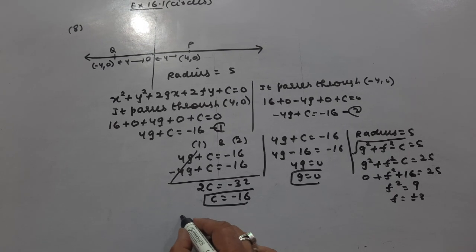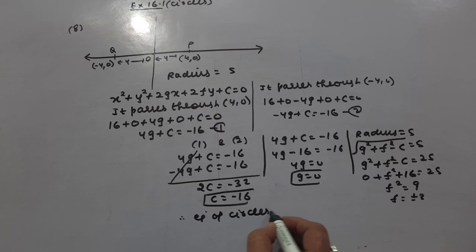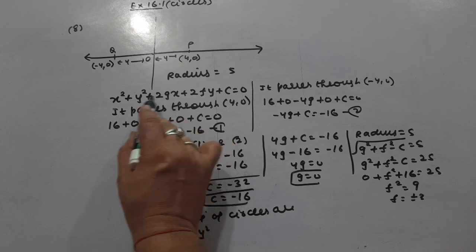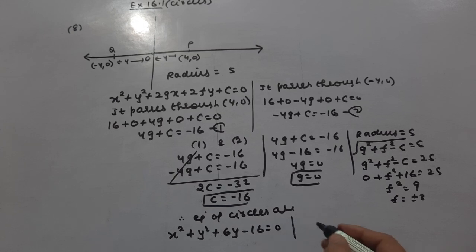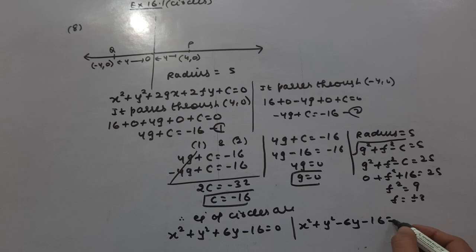Now, therefore equations of circles are, there will be 2 equations. Number 1 is x square plus y square, g is 0, f is 3, so plus 6y, and c is minus 16. So this is the first equation, x square plus y square plus 6y minus 16 equal to 0, and second will be x square plus y square, in this case we take f minus 3, so this will be minus 6y minus 16 equal to 0.